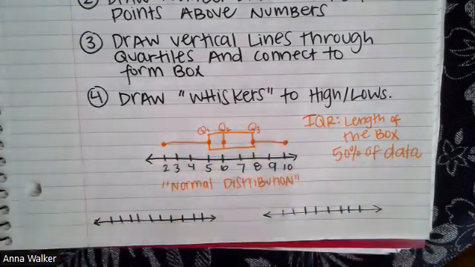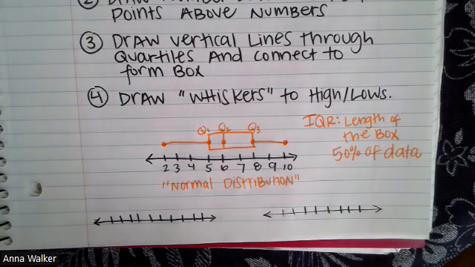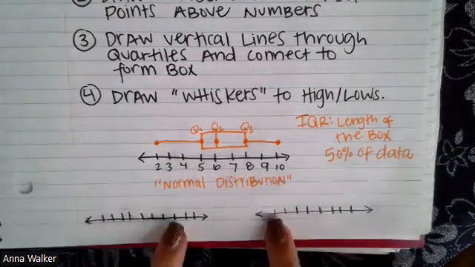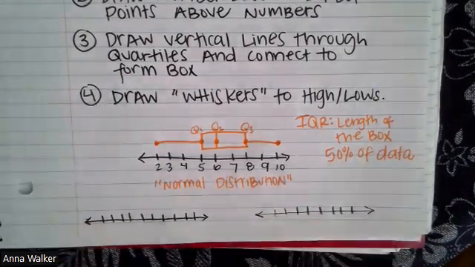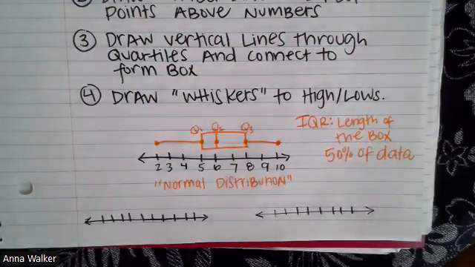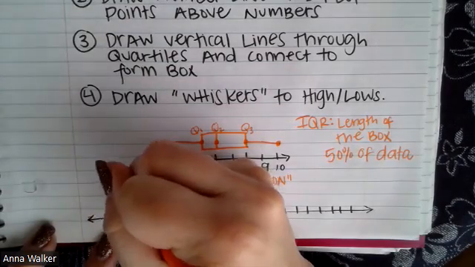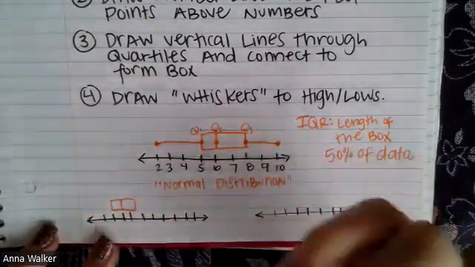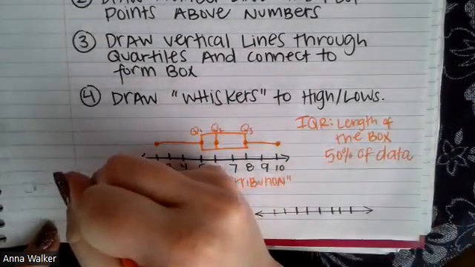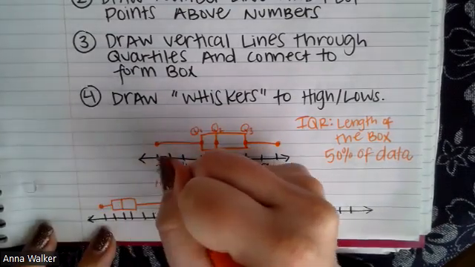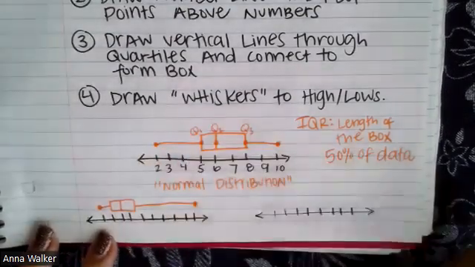We also have data that's skewed. So I drew two other number lines. I'm not going to label them with numbers, but I'm going to show you what data that's skewed looks like. Let's say we have a box plot labeled like this, with a short whisker and then a really long whisker on one side.